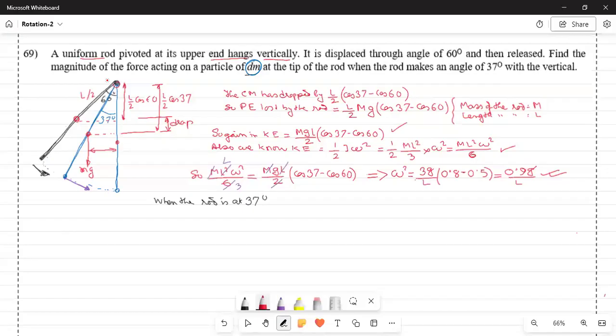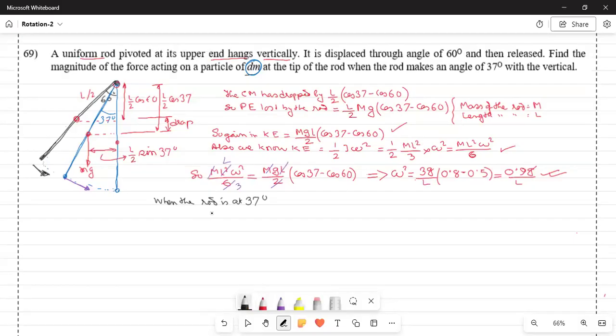This perpendicular distance we know will be L by 2 sine theta. So torque produced by mg is mg into L by 2 sine 37 degree.